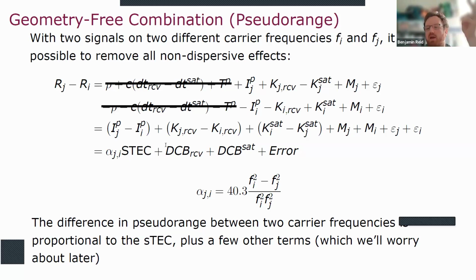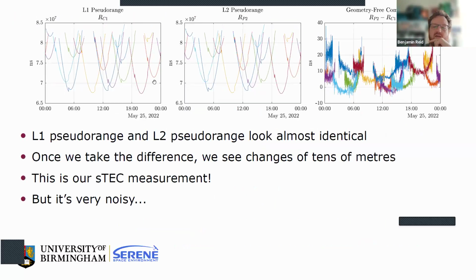The reason why GPS and all these other systems have at least two frequencies is so that they can do the opposite. They want to get rid of the ionospheric term by having two frequencies, but we do it the other way around. We get rid of all of the position information to preserve the ionosphere. So we see here one pseudo range, here's another pseudo range, and then here's the difference.